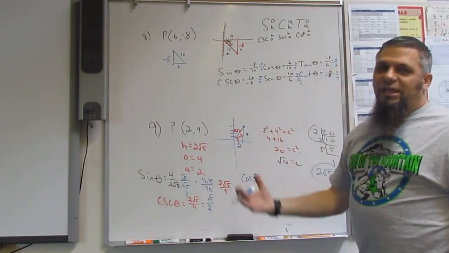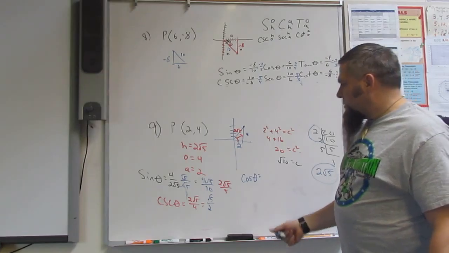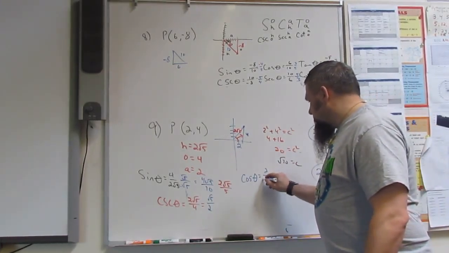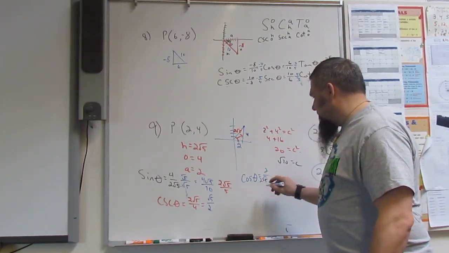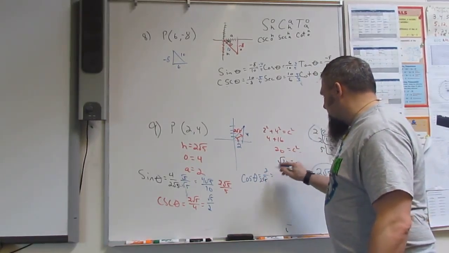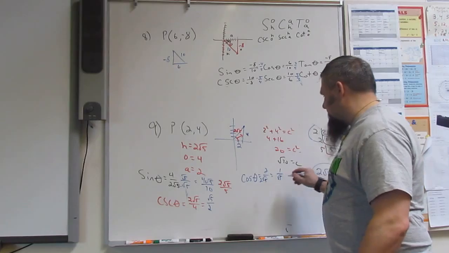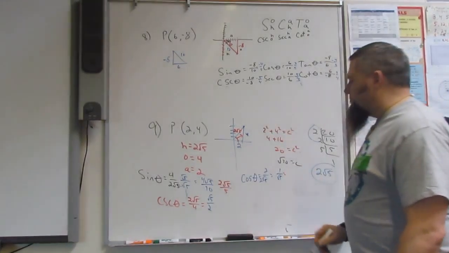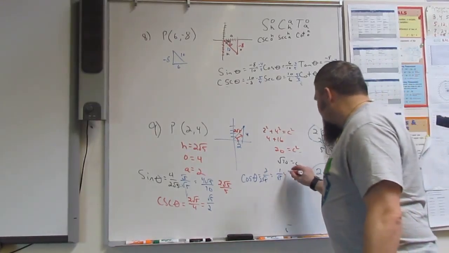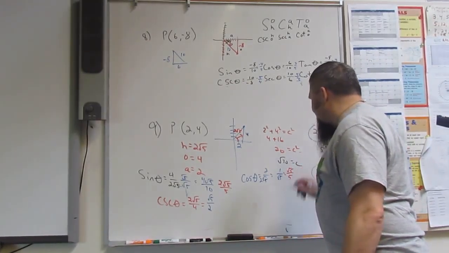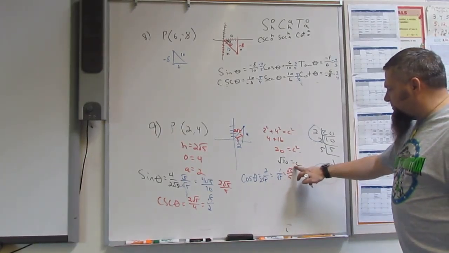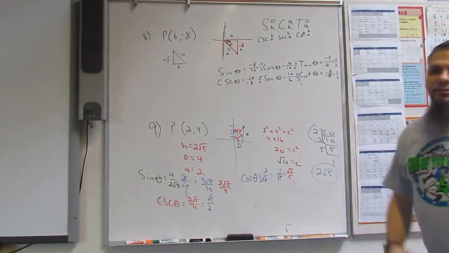That equals adjacent, right? 2 over hypotenuse, 2 square roots of 5. Again, the 2's cancel out. Let's cancel those out first. Okay, now I have square root of 5, but I still got to get rid of that. So we should be able to skip to that point now. It's the square root of 5 over 5. I'm just going to take that square root, put it up top, and then take the square root away. Done.